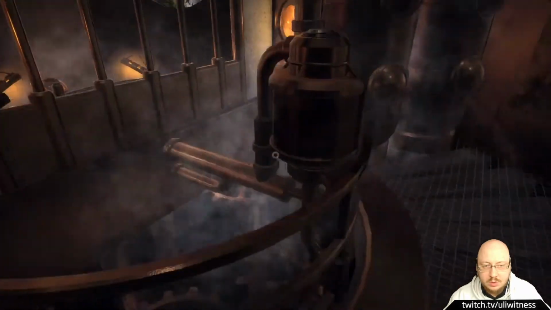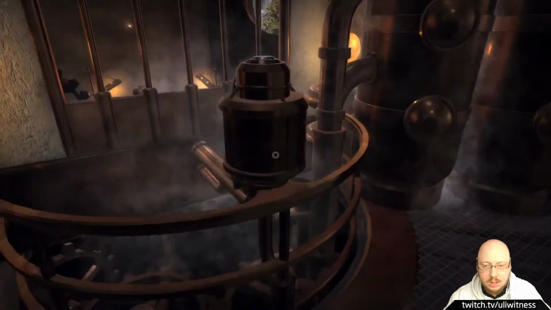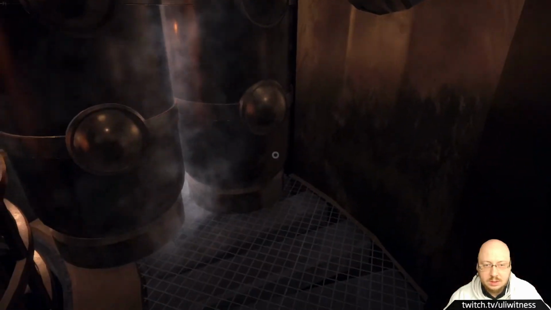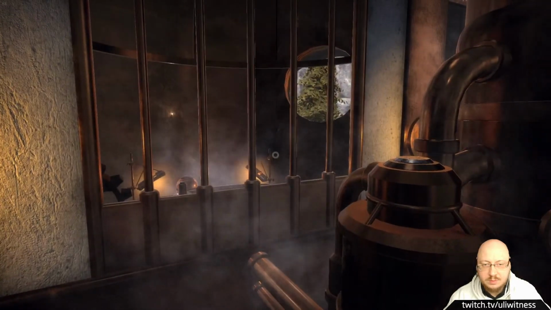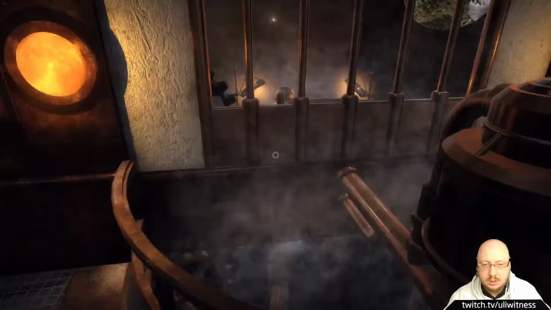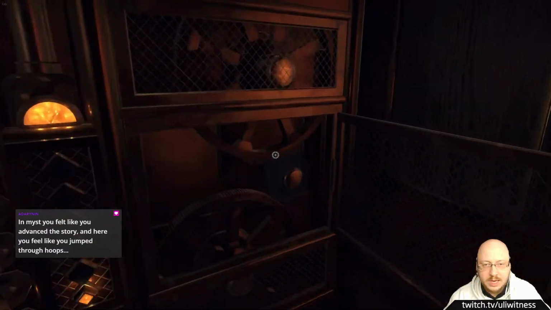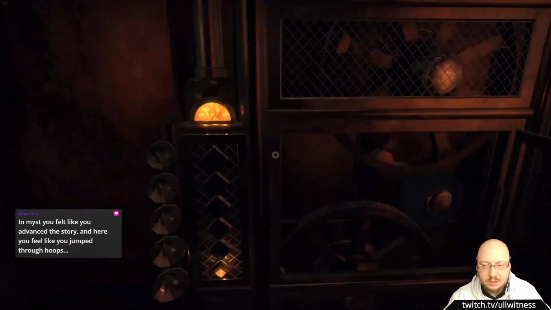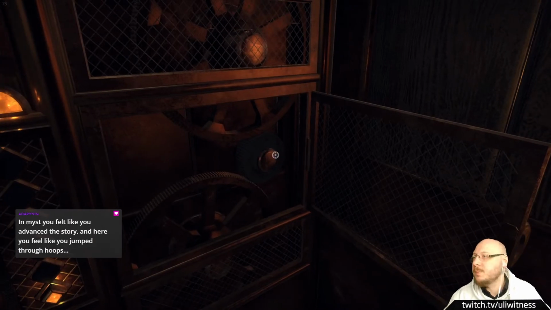I have no idea what I've done now. I guess we have to solve the puzzle over there to have this trigger, and then that would probably activate but rotate empty, and then we'd go here, open this up and put the gear in.